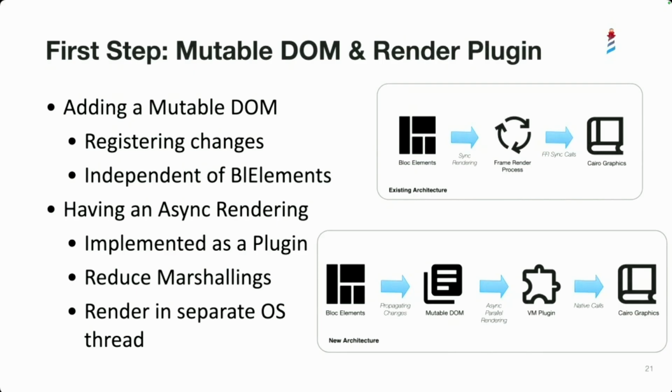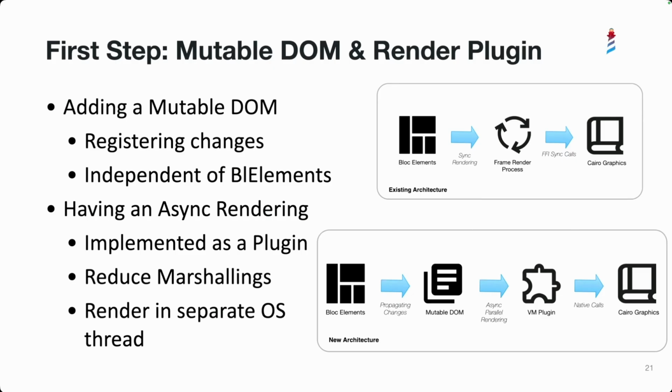The drawing process will keep this mutable DOM updated, registering changes, and it is completely independent of the Bloc elements. So you can continue creating your elements as you wish, and then the drawing process will create a representation of these graphic elements in the primitives expected by, in this case, Cairo, but also the primitives expected by SDL. The idea is that we can render this in an asynchronous plugin, as it is a simpler data structure.